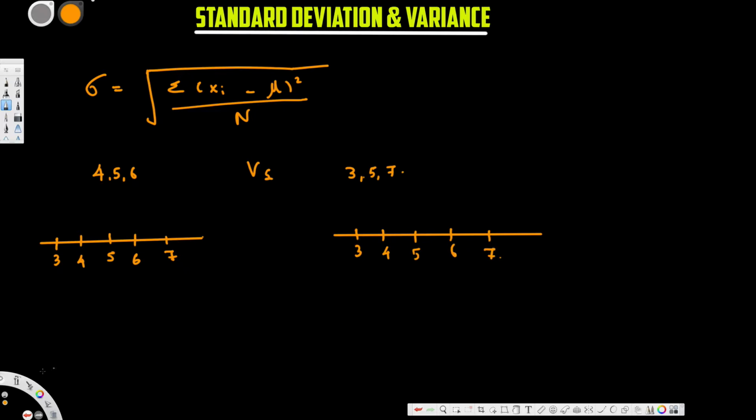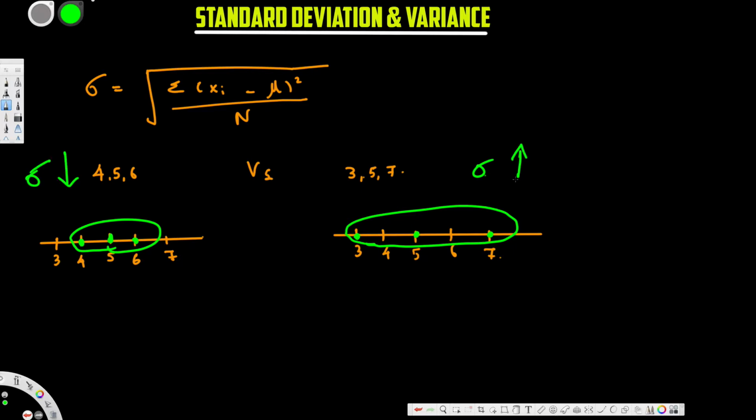Here we have to see which one is more spread out. For 4, 5, 6: 4 is here, 5 is here, 6 is here, right? For this one, 3 is here, 5 is here, 7 is here. Which one is spread out more? Here you can see 3, 5, 7 has the highest spread, right? So it means the standard deviation for this one is high, and for this one it is low compared to that one.